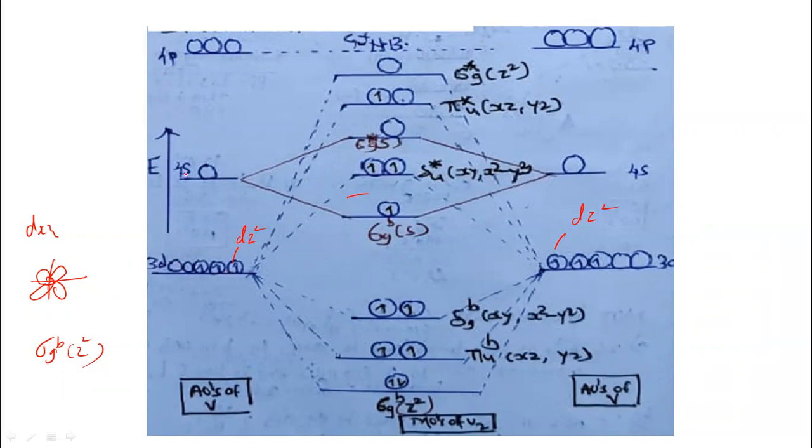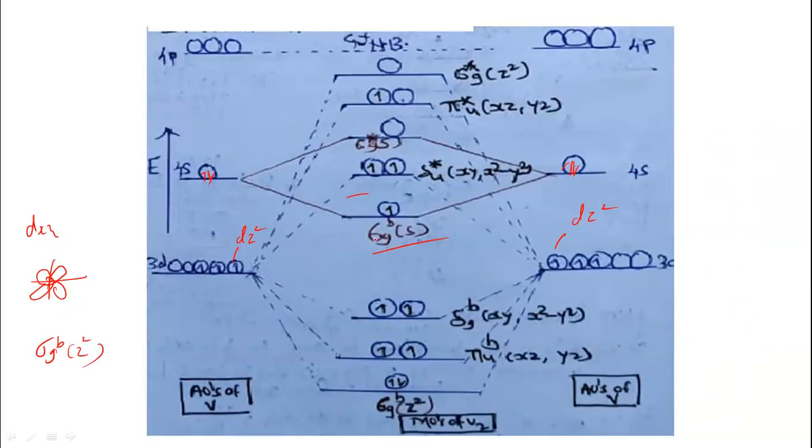Next, the s orbital of the vanadium overlaps with the s orbital of the other vanadium, forming the sigma g bonding molecular orbital from the s orbital. Now here two electrons are there for s2, similarly here.